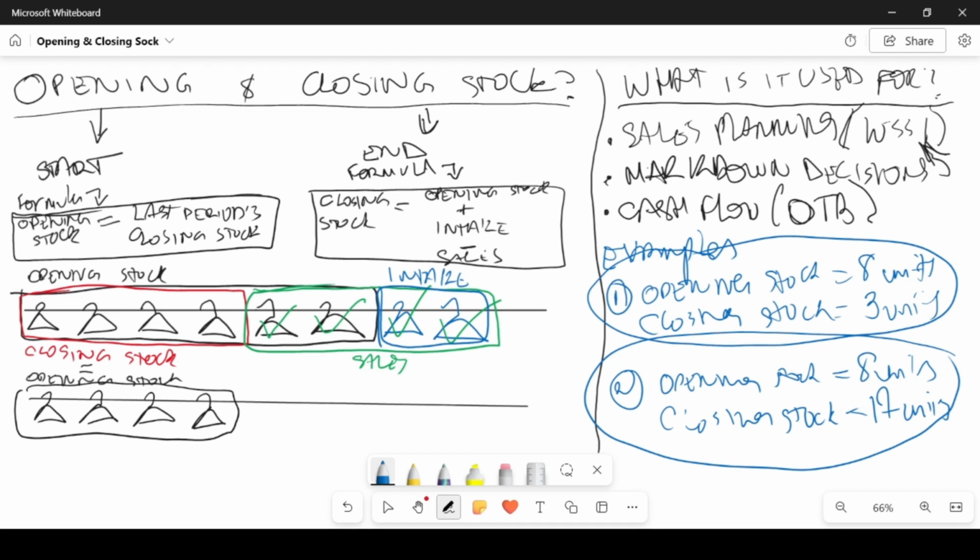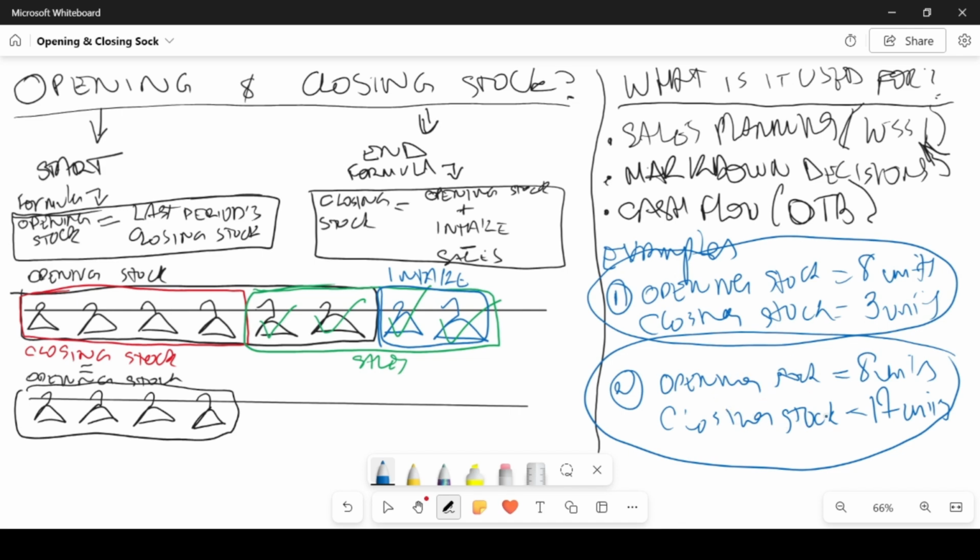We had an intake that did influx our stock units, but still we want to also be selling through our intake as it's coming in. So we don't want to be closing so far off from the units we opened with, okay? And so this is just an idea of how opening and closing stock all works.